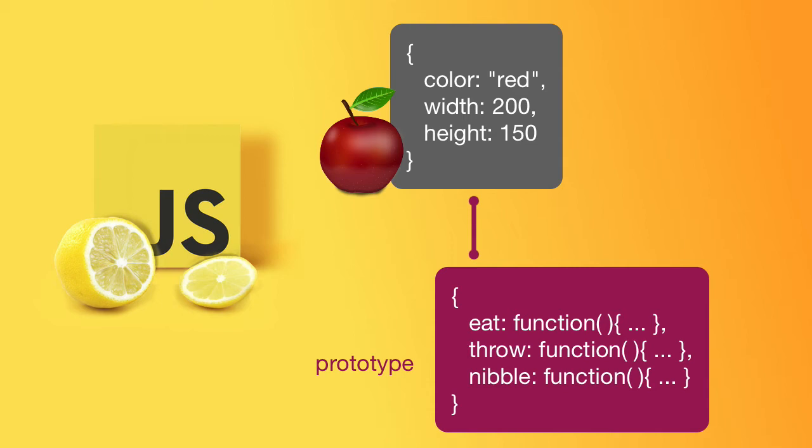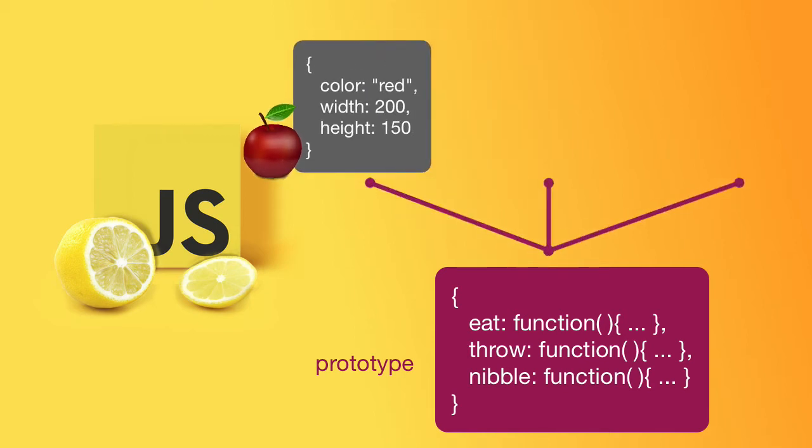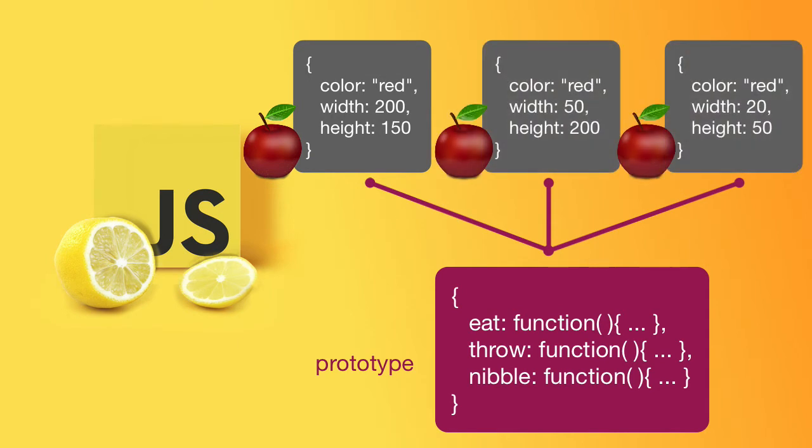Well, it allows us to control our code a lot more. Let's say, for example, now that I have 3 apples. So having one apple in a shared object is pretty much a waste of time. But let's say I have 3 apples now, and they all have a link to that prototype object, that shared object.